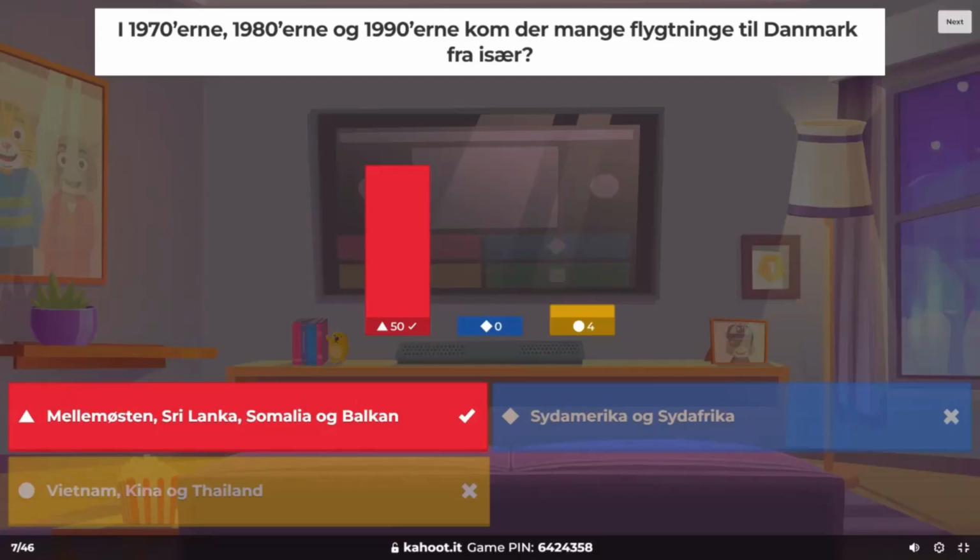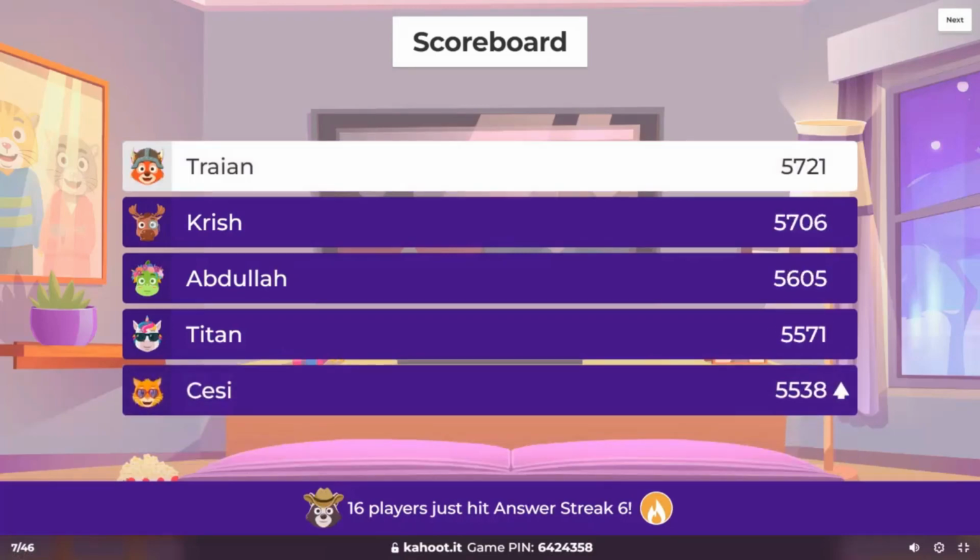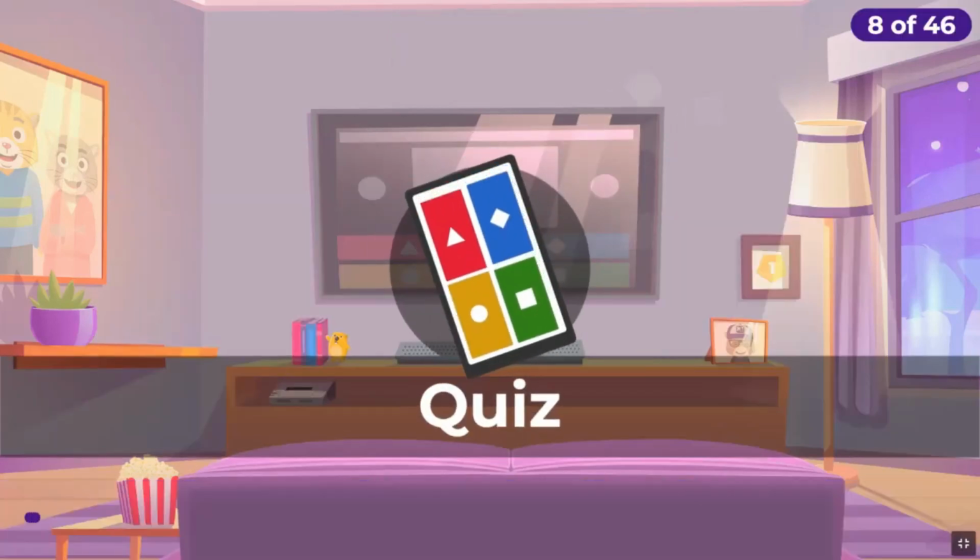Plug that knowledge gap. Don't feel bad if you're not doing well. These sessions are just to highlight the knowledge gaps that you have. I showed you the websites already, so all the questions that you're failing are gonna show up on your profile, and then you can practice there to plug up those knowledge gaps. All right, 16 players just hit an answer streak of 6. Great job. Next one.